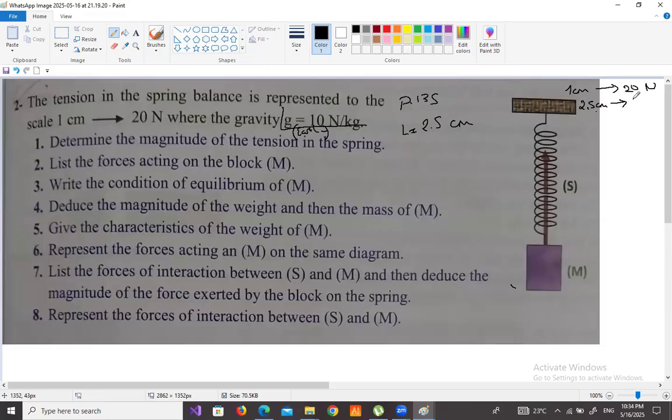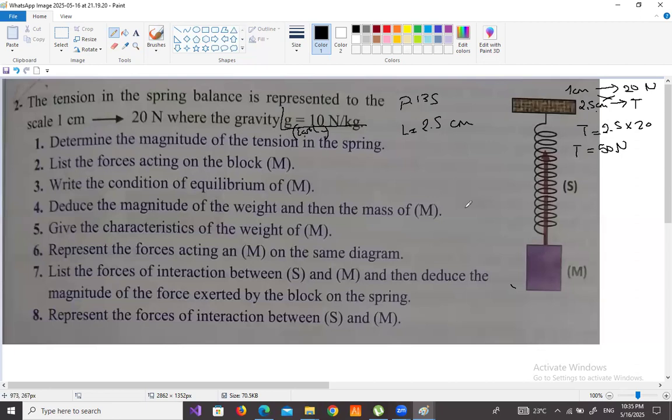We want to find the magnitude of the tension force, so we need to find T. We cross multiply, or you can directly do tension is equal to 2.5 times 20. So the tension is 50 Newton.